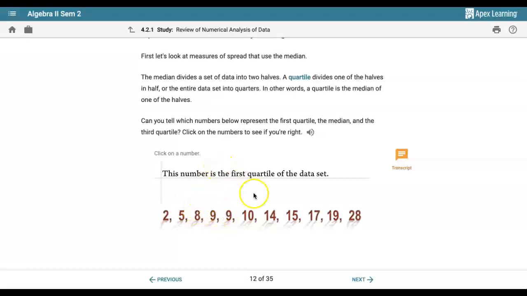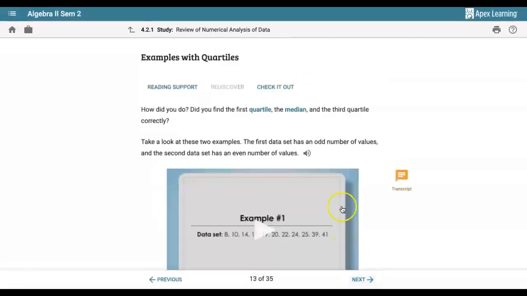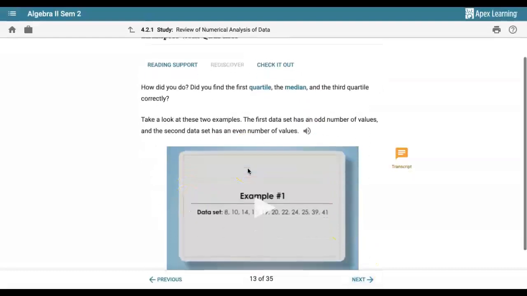So our value is in the first quartile. I don't know why they picked this one. We'll keep moving with quartiles here. So perfect. Let's look at these better examples.